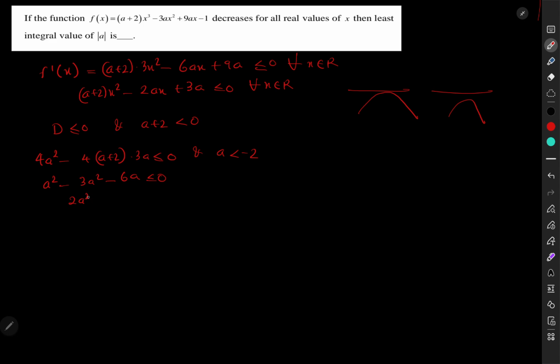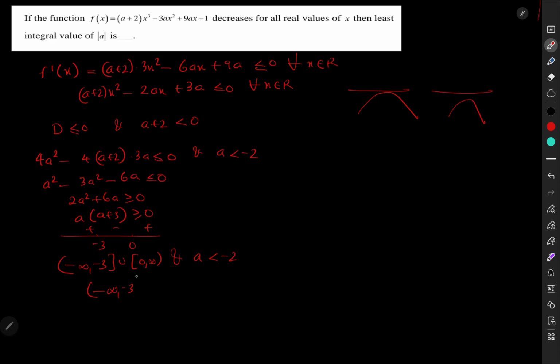If I take it to the right side, 2a square plus 6a greater than or equal to 0. 2 I cancel, a into (a plus 3) greater than or equal to 0. So roots minus 3, 0, here plus, minus, plus. So we got minus infinity to minus 3, union 0 to infinity, and a less than minus 2. So their intersection, if you take, we will get minus infinity to minus 3.